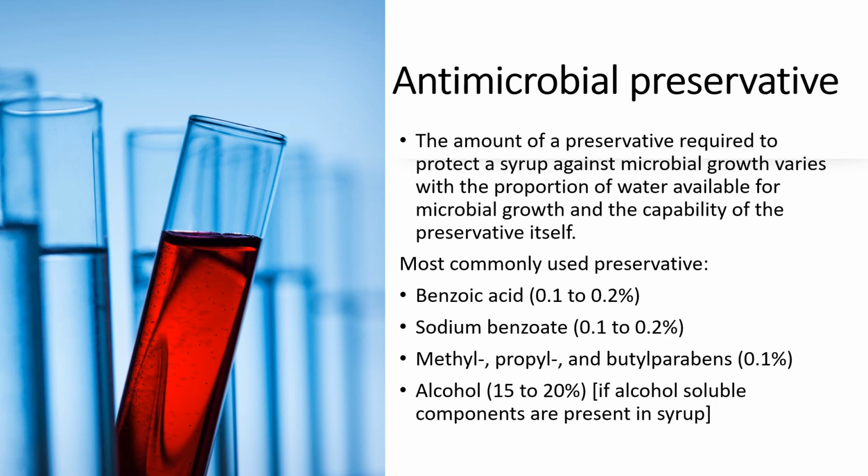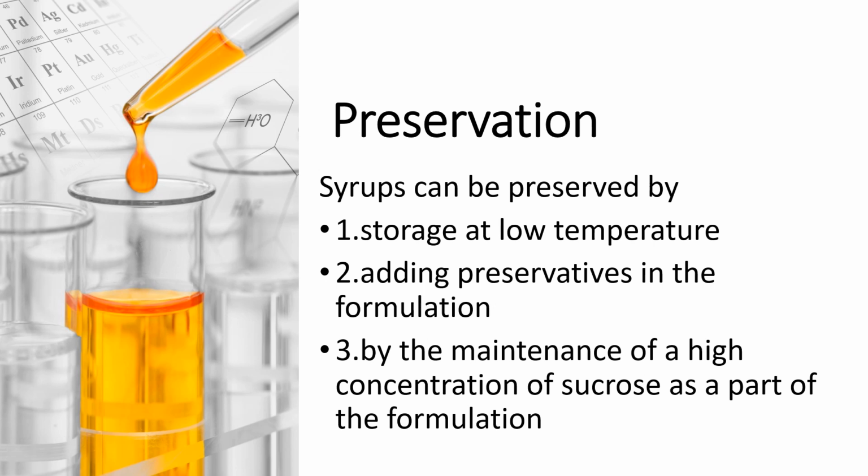Most commonly used preservatives include benzoic acid, sodium benzoate, methyl, propyl and butyl parabens, and alcohol. Preservation of syrups is basically done by three methods that include storage at low temperature, adding preservatives in the formulation, and maintenance of a high concentration of sucrose as a part of formulation.